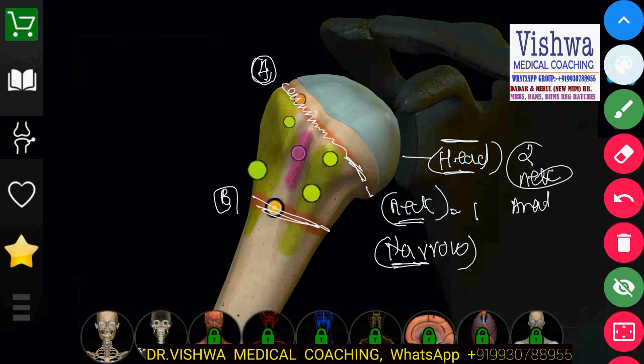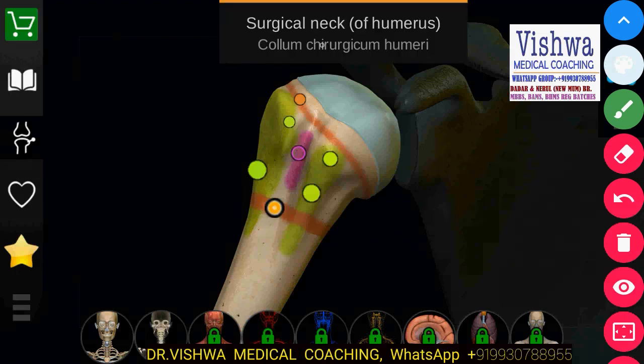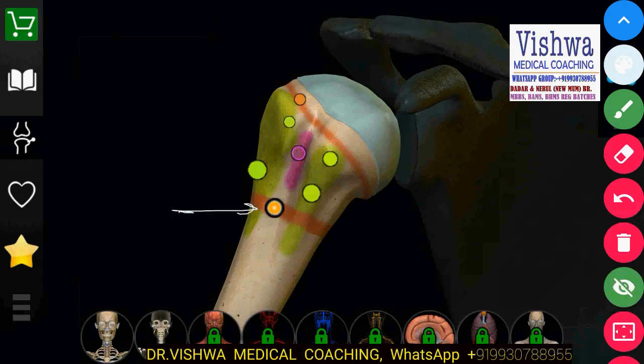Anatomical neck and a surgical neck. The reason behind anatomical and surgical neck is that at one position you can see a neck-like portion. If you can see properly, this one is the surgical neck of the humerus. But the anatomical neck is where the head looks like it is ending, here.